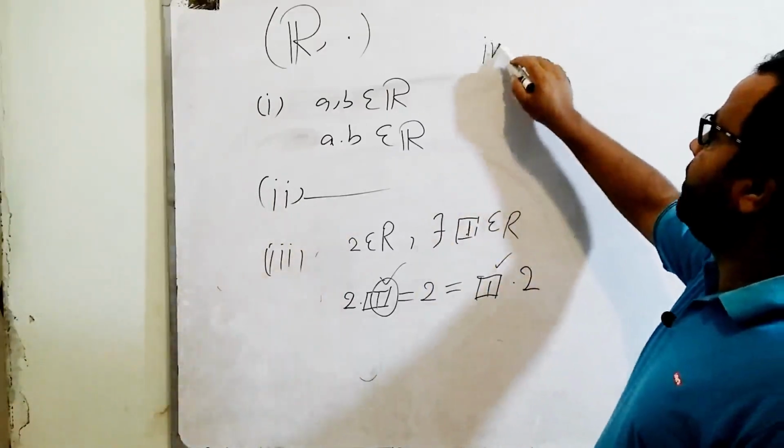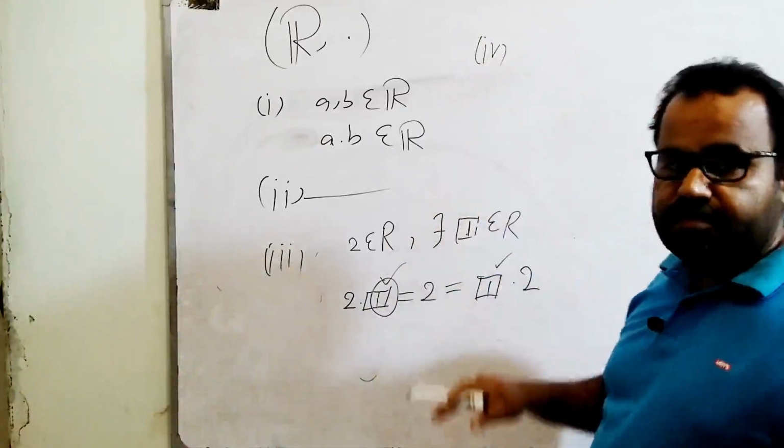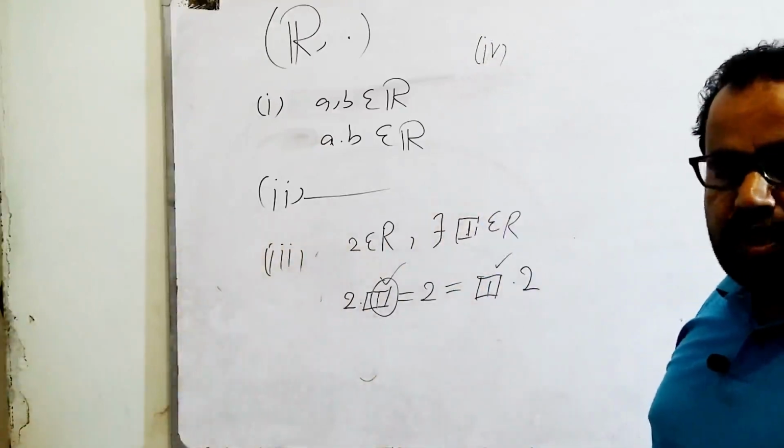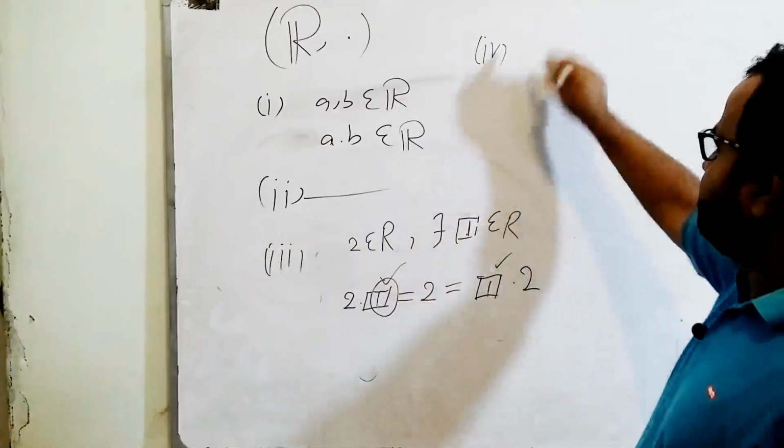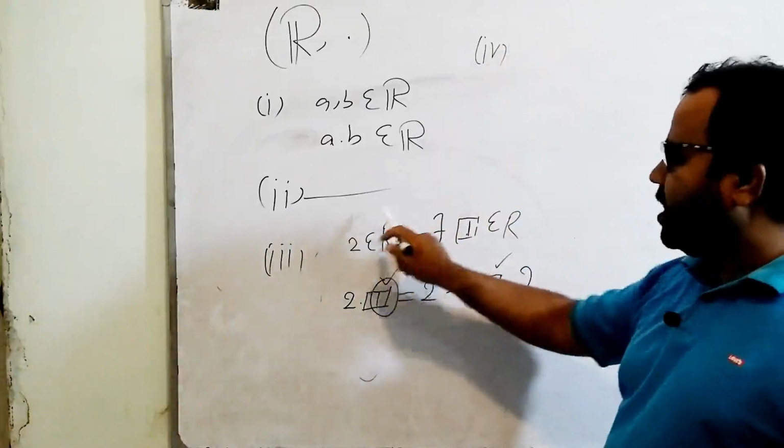The fourth property is the multiplicative inverse. I am not taking the general case; you can generalize it later.